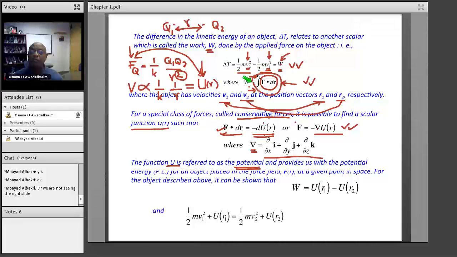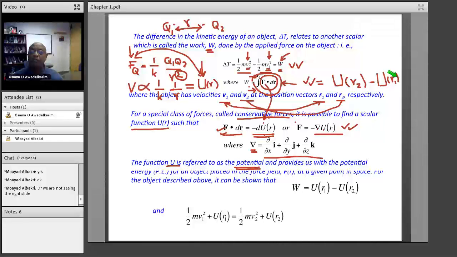This integral simply becomes U at R2, because this is a complete differential. So if you put minus dU here and integrate, you get U(R2) minus U(R1) for that integral. So that integral becomes very easy in terms of the scalar potential.